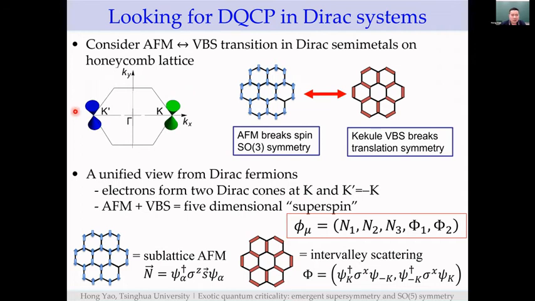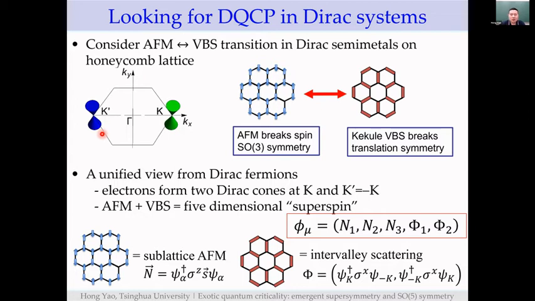So we consider a model of Dirac fermions with 2 Dirac cones, for instance graphene, and assume that a certain model can have 2 broken symmetry states.